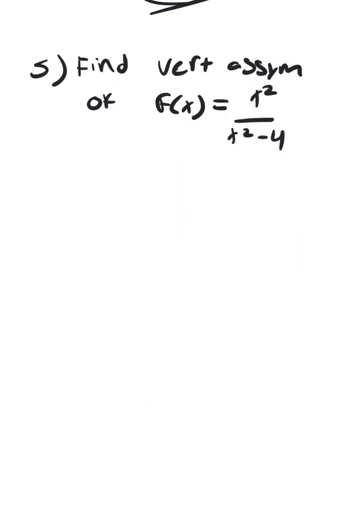Okay, now we must find the vertical asymptotes of the following: f of x equals x squared over x squared minus 4. So let's draw a graph. The vertical asymptotes are lines that go straight up and down like this.